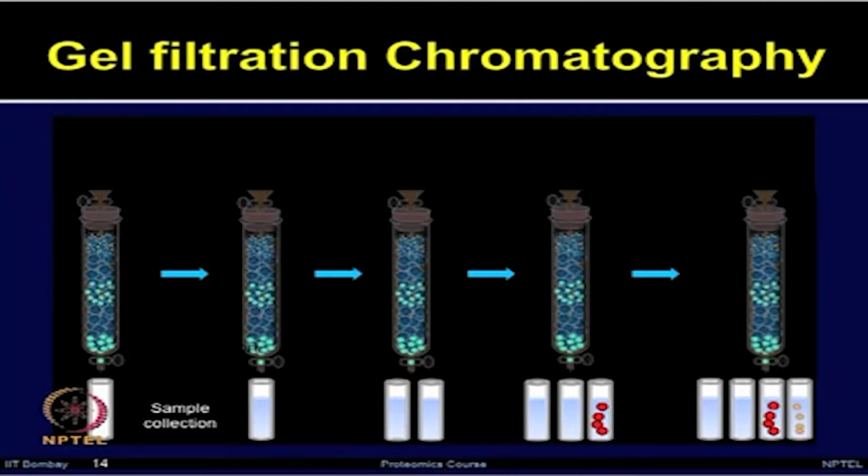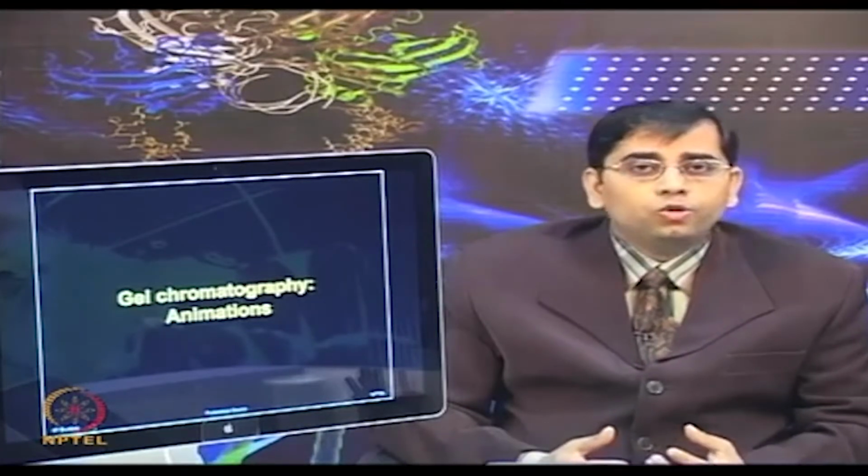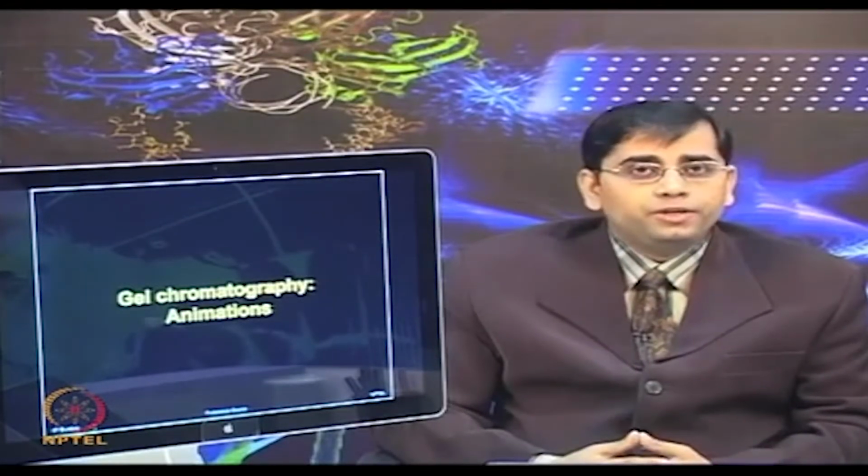You can expect that larger proteins will elute first, and then the small molecules will be eluted later. Gel filtration chromatography is useful for removal of contaminants, desalting steps, as well as for buffer exchange. However, its drawbacks are its low capacity, broad distribution of pore size and small sample volumes to be analyzed.